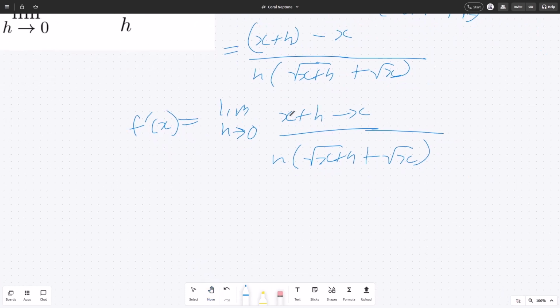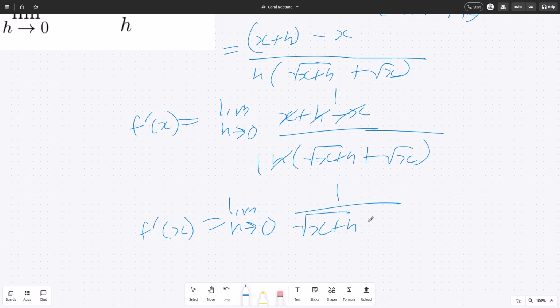Now, the x's cancel out, and the h's cancel out as well. So this will be 1 in the numerator, and the derivative of the function is equal to the limit as h approaches 0 of 1 over this part here in the parentheses, which is root of x plus h plus root x.